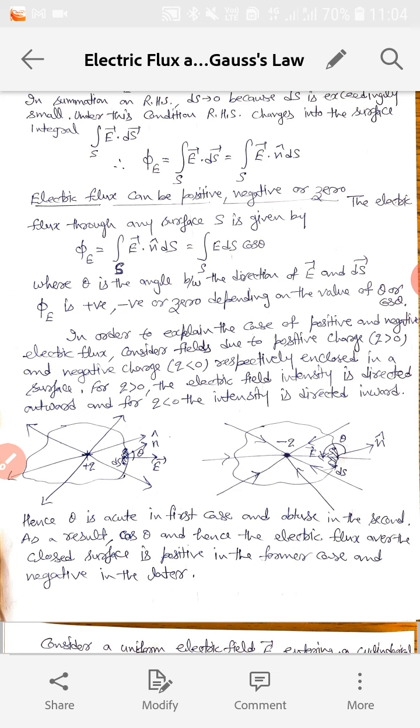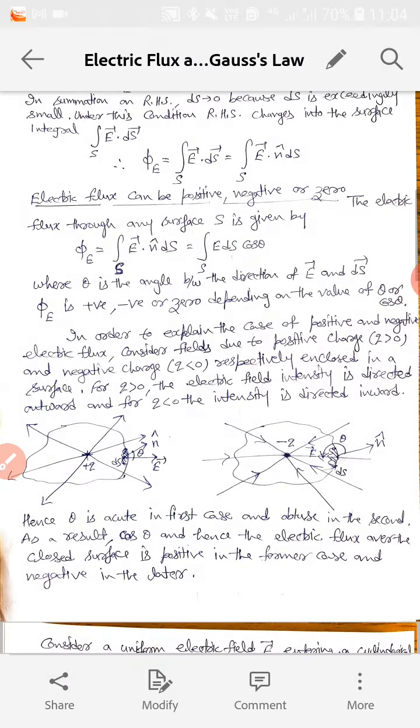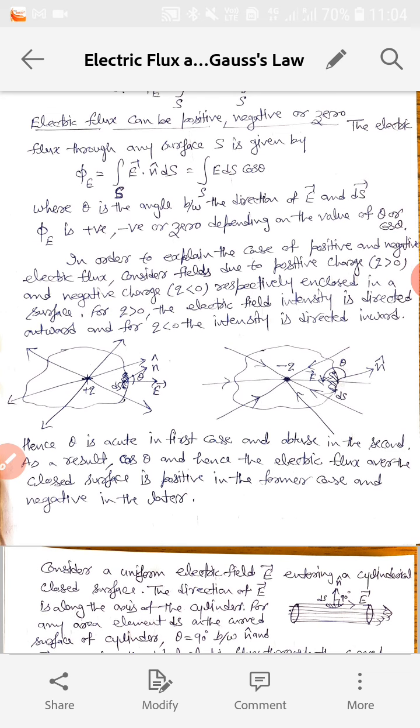But in case of a negative charge, when electric field lines are coming inward and the area vector is the outward normal, in that case this theta angle is an obtuse angle, more than 90 degrees, and because of that cos theta will have positive and negative values, corresponding to which we will have positive and negative electric flux.